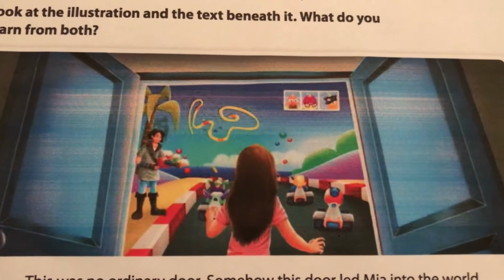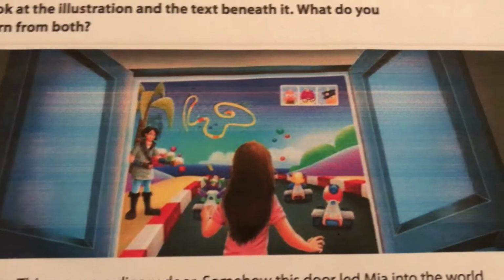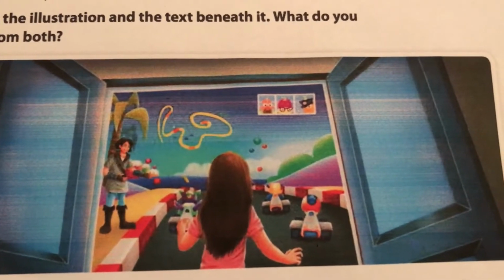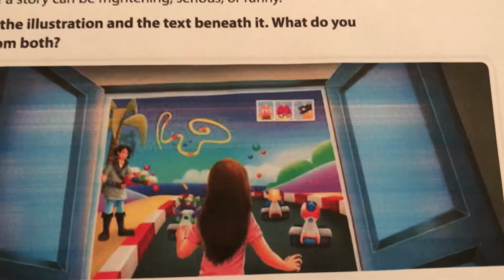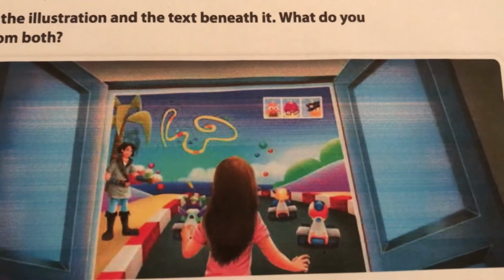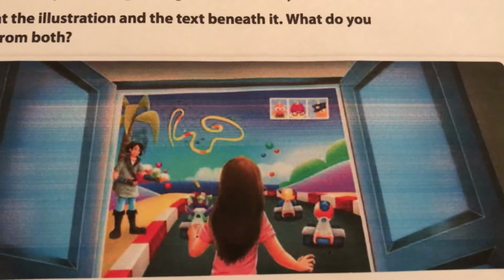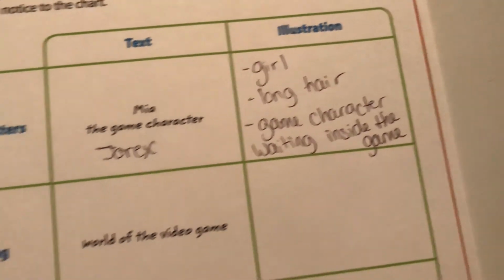And we can tell that there is another game character waiting for her inside the game. This is everything I'm adding into the box. Everything I said, we always want to make sure we add those details into the box.